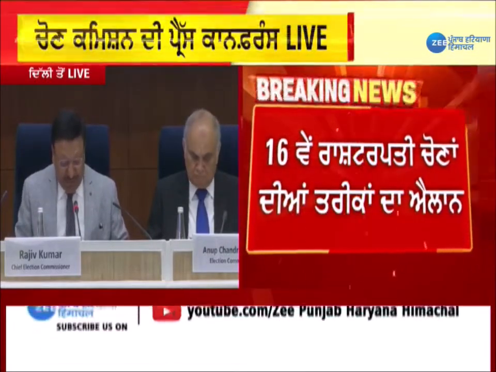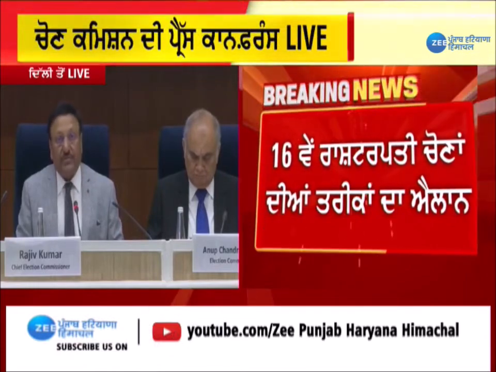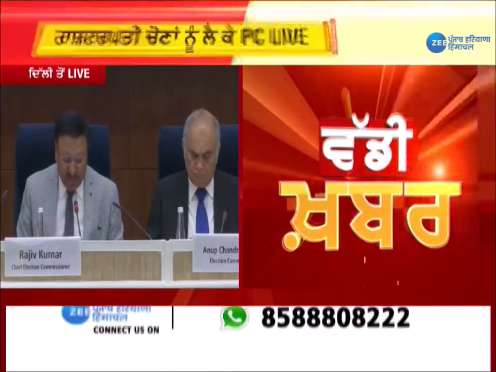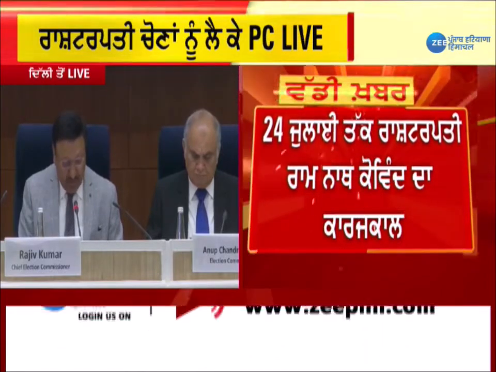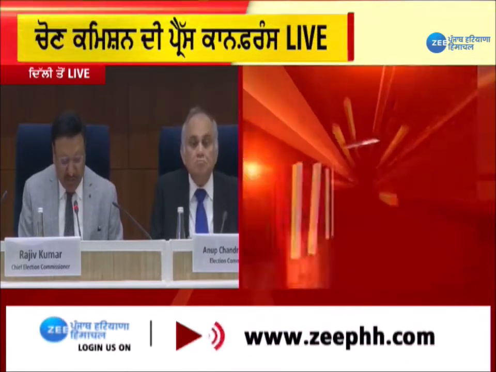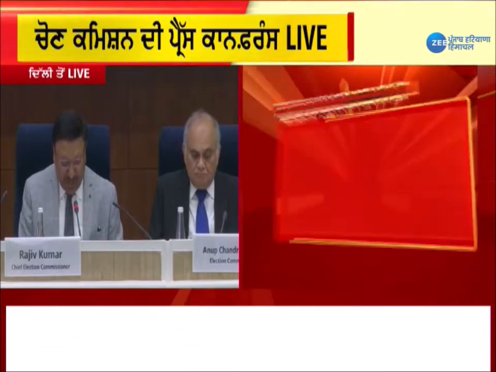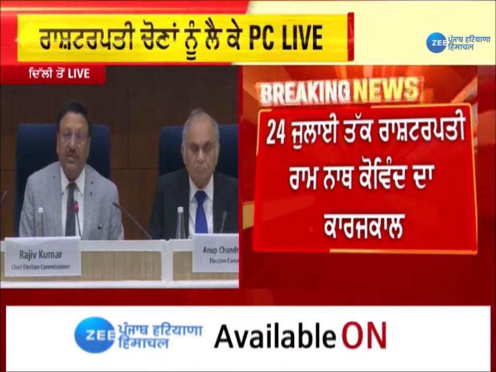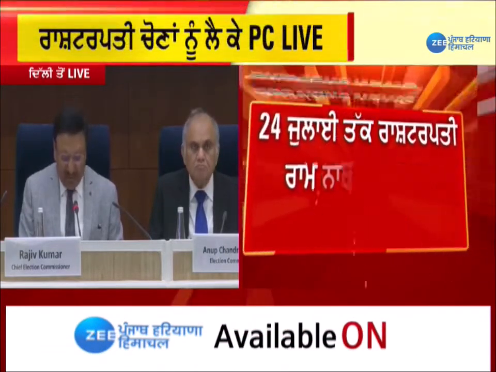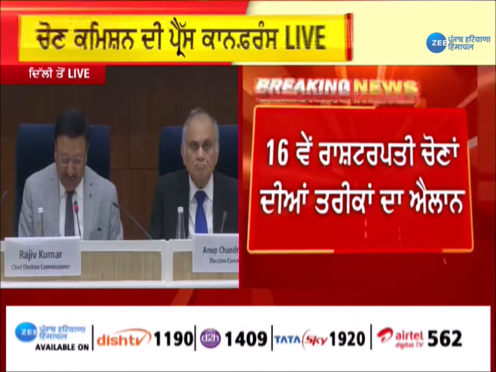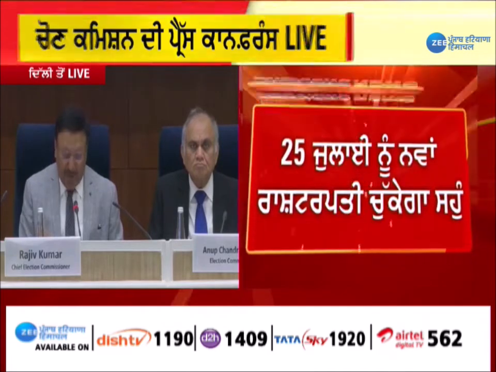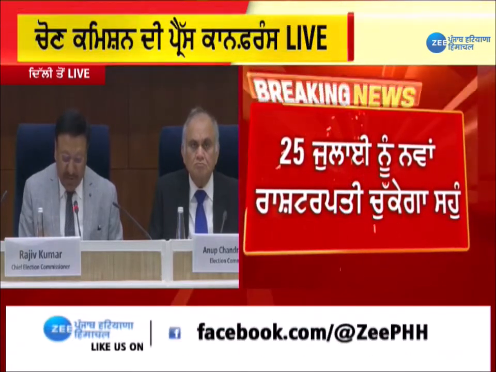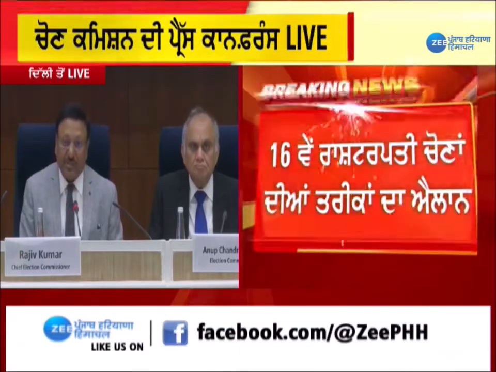Now, coming to the place of voting, as per Rule 7 of the Presidential and Vice Presidential Election Rules 74, poll for the election will be taken in Parliament House and in the premises of the state legislative assemblies, including the legislative assemblies of NCT of Delhi and Puducherry, and the rule provides where Legislative Assembly meets for transaction of business.